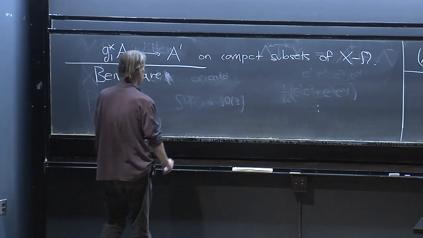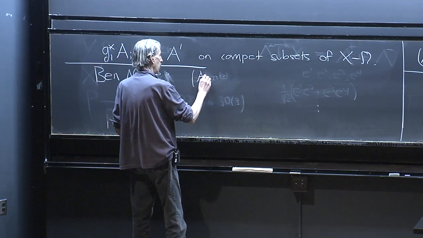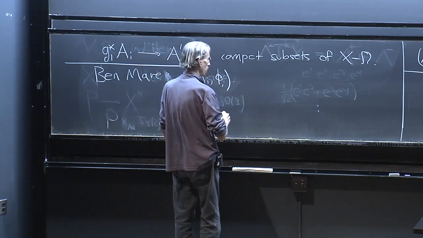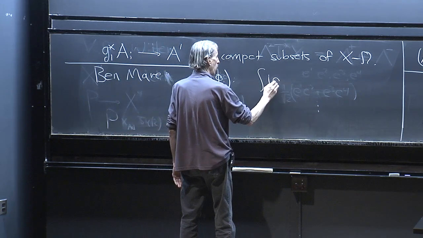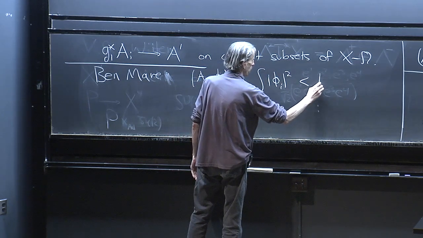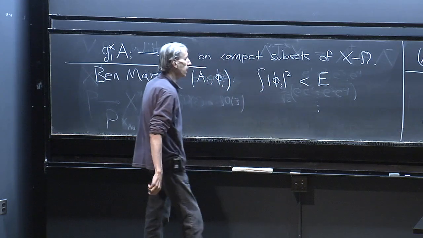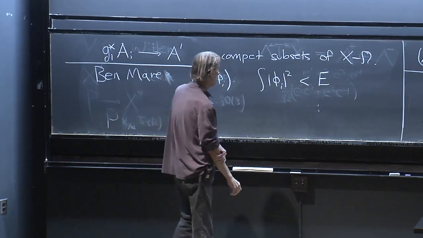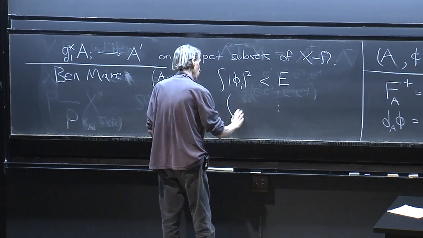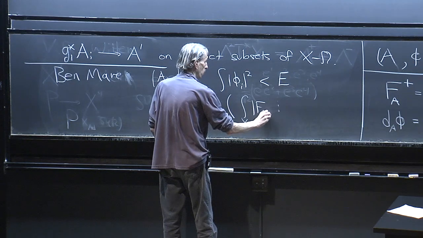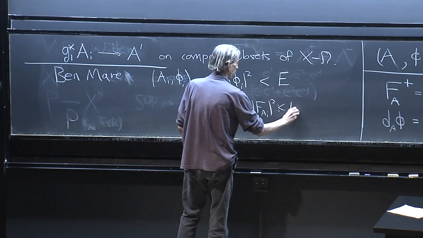So Ben studied a sequence of solutions, A_i and phi_i, subject to the condition that there's an a priori bound on the L2 norm of the phi part, bounded by an energy E, and also, if it were non-compact, you'd also need an a priori bound on the curvature norm.